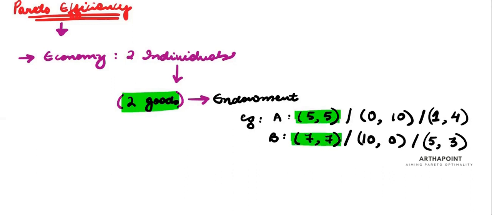Now, the endowment of the individual is helping these individuals to earn income. So the concept here is that individuals do not have any income. When they enter the market, they sell this endowment, they use this endowment to earn income.